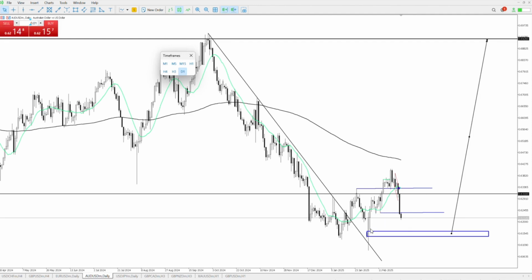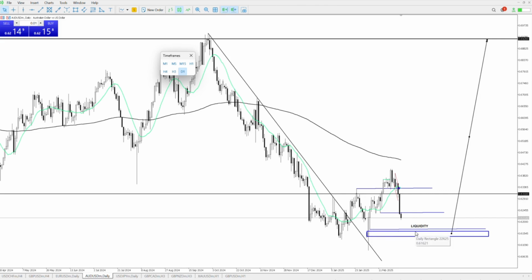So all this liquidity zone, we have our liquidity point here, and here we have an order block.